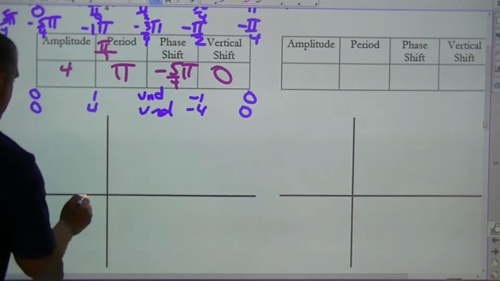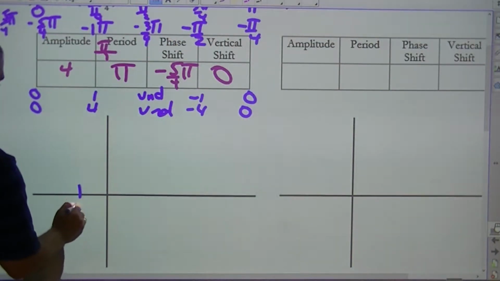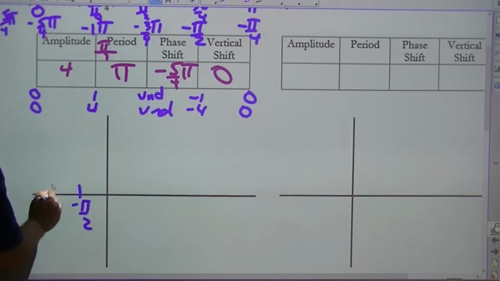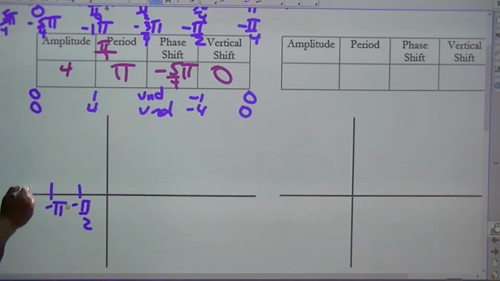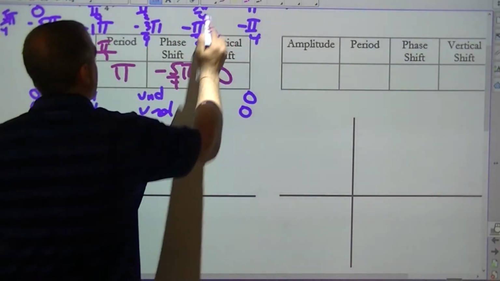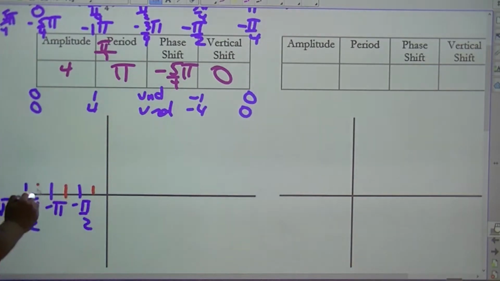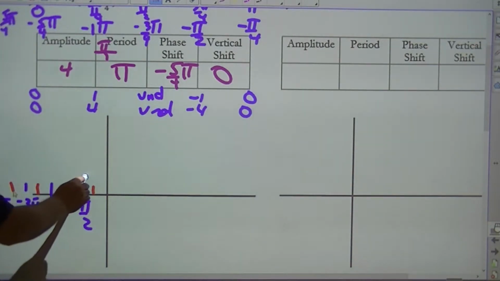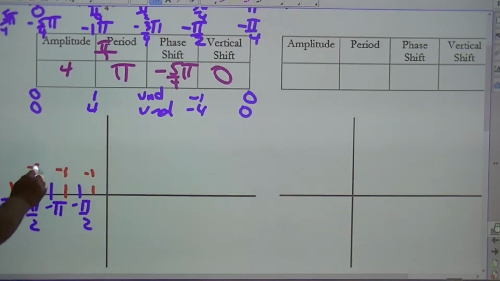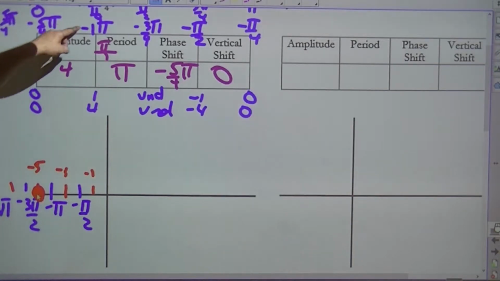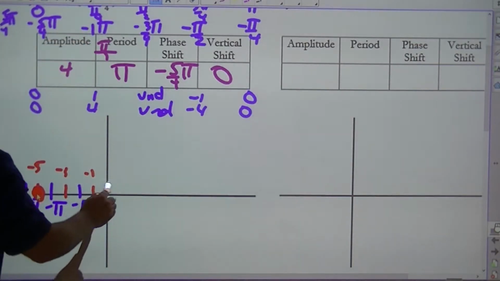Okay, so I got a lot of negative pi's here, so I'm going to have to work this way. Negative pi over 2, negative pi, negative 3 pi over 2, negative 2 pi. Once again, my quarters are here. Okay, so at negative 5/4, so this will be negative 1, negative 3, negative 5, I'm going to be at 0. Okay, at negative 1 pi, I'm at 4.